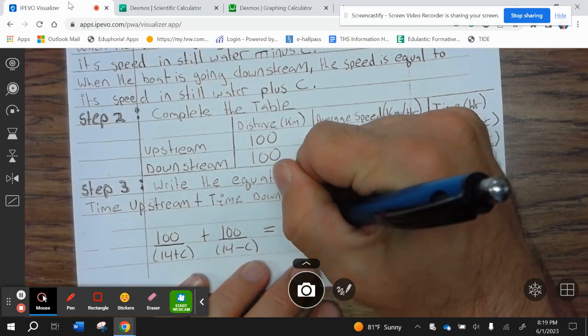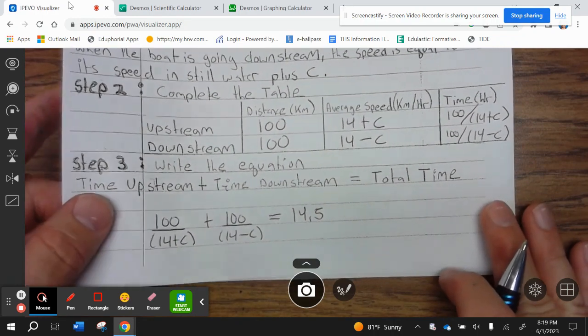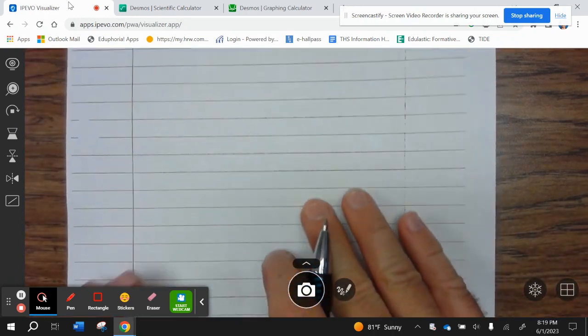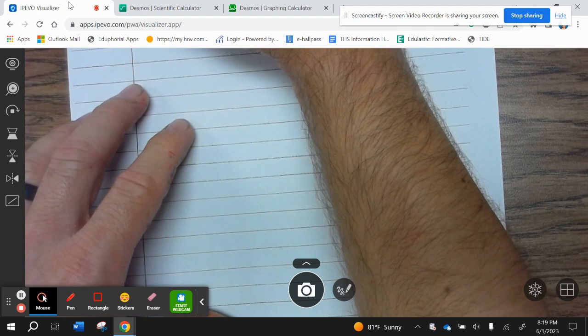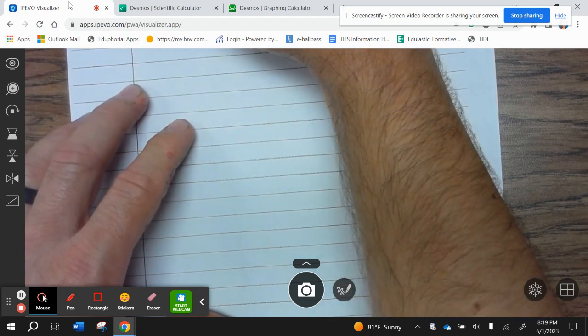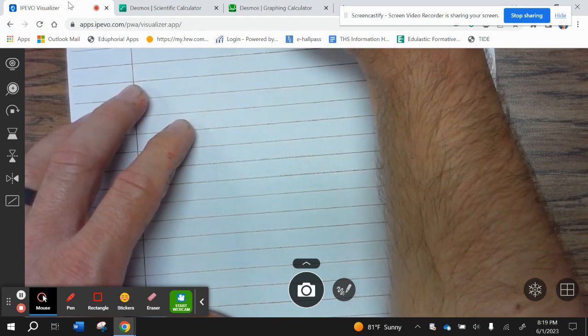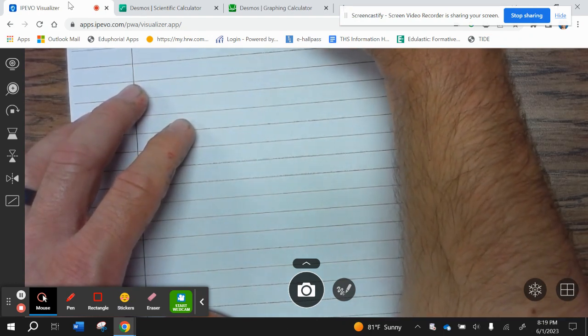All right, let's go ahead and solve that equation. So we have 100 divided by 14 plus C plus 100 divided by 14 minus C equals 14.5.